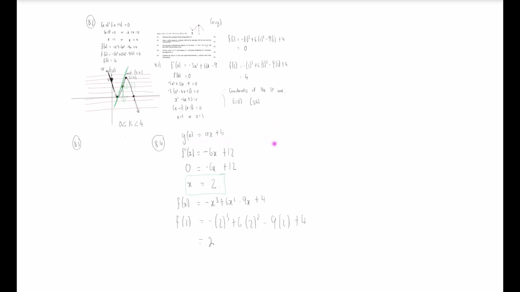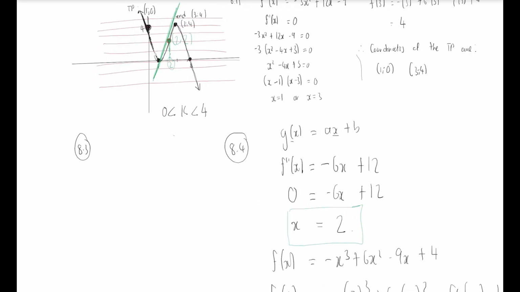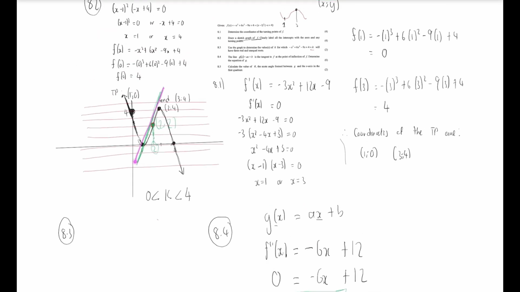And now we are looking for the gradient of g. Because the graph of g is a tangent at the x value of 2, you know how at a point you can have a gradient using the first derivative. Remember I told you that the first derivative gives you the gradient at any point on the graph.